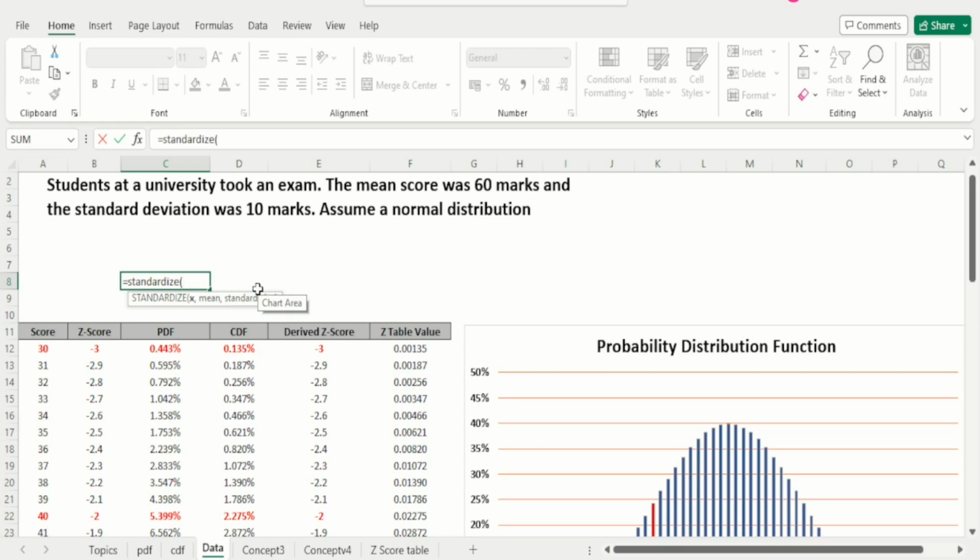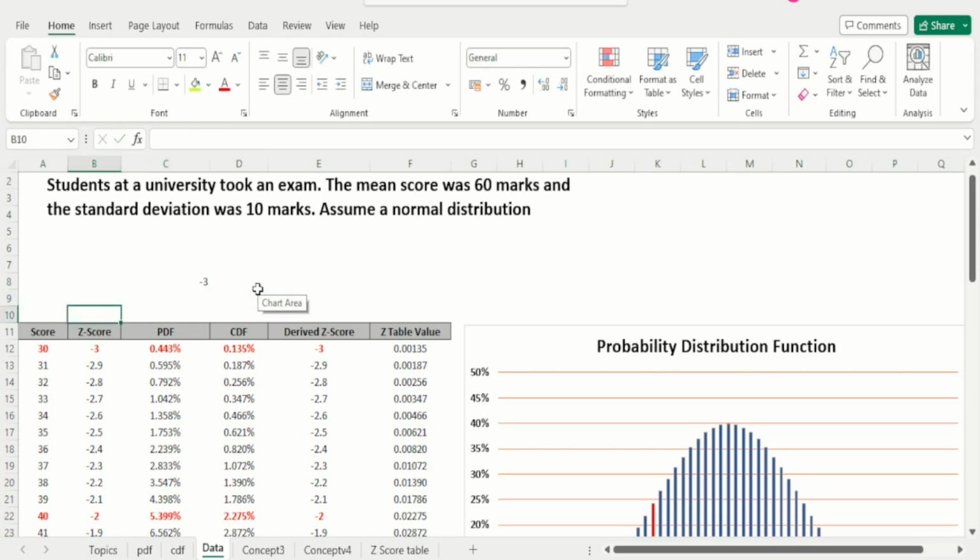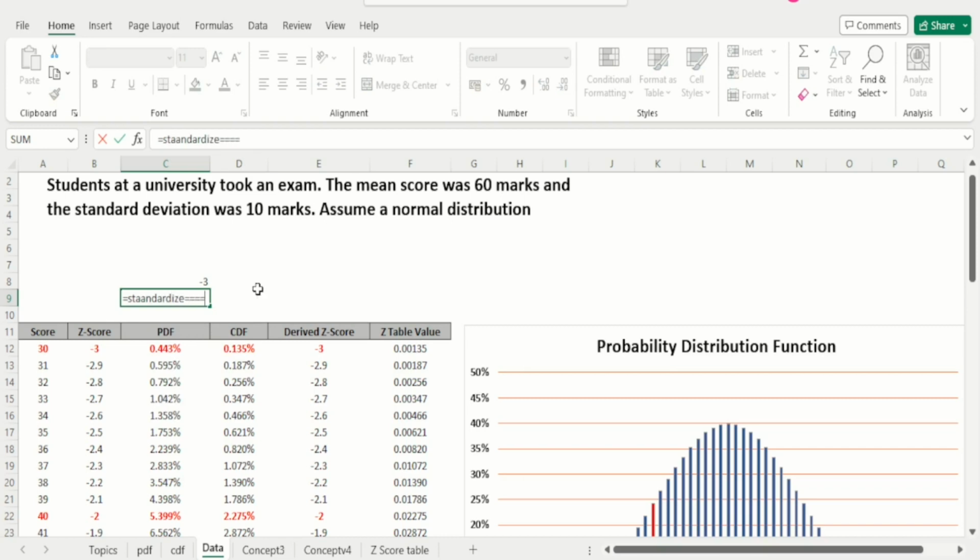So let's try it out. Let's say x is 30. The mean, as we know from the problem statement, is 60 and the standard deviation is 10. Let's see what it returns. There you are. As you can see, it has returned -3, which matches the z-score. Let's try it for one more case. Let's say we were to apply it on 32.